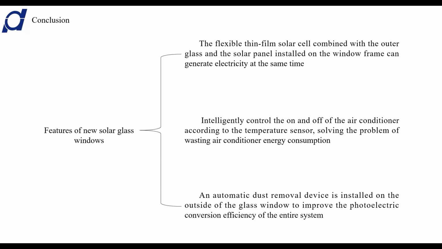Intelligently control the on and off of the air conditioner according to the temperature signal, solving the problem of wasting air conditioner energy consumption. An automatic dust removal device is installed on the outside of the glass window to improve the photoelectric conversion efficiency of the entire system.